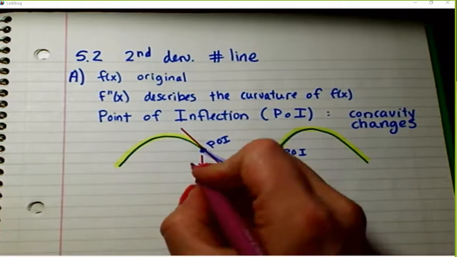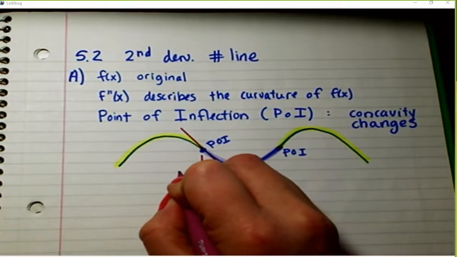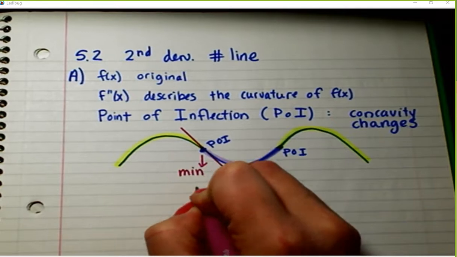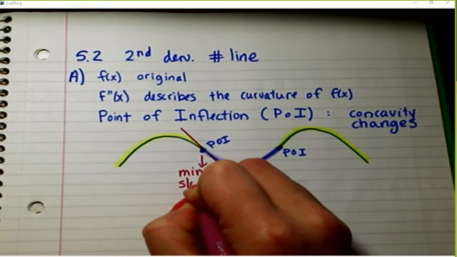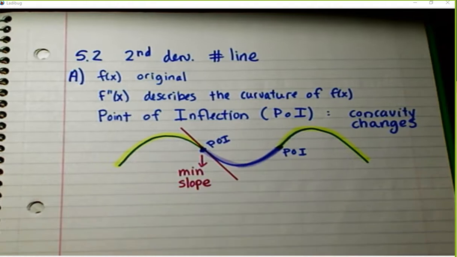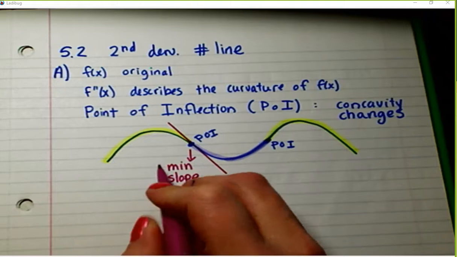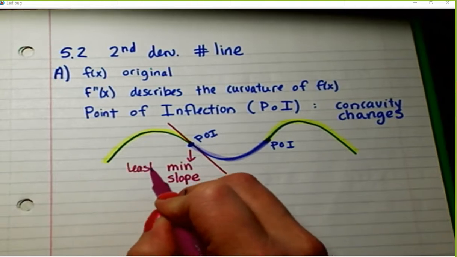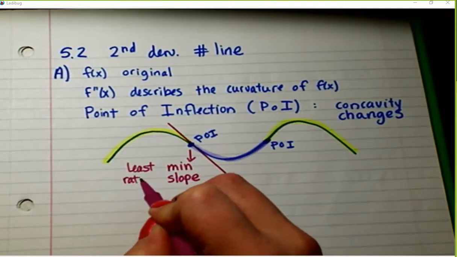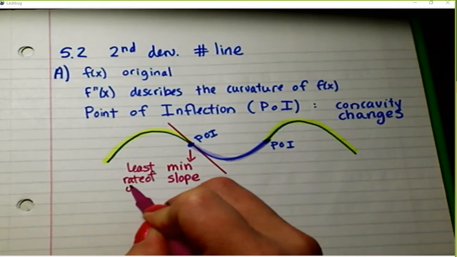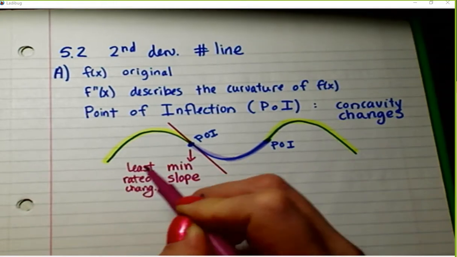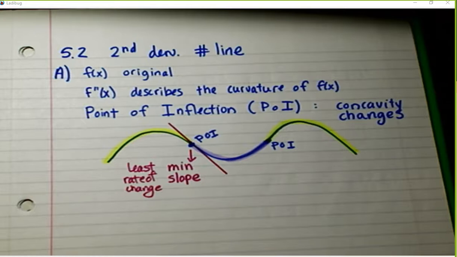okay? So this is the minimum slope, otherwise known as the least, right? Minimum, least rate of change. Slope is a rate of change. So this is a least rate of change, otherwise known as the minimum slope.